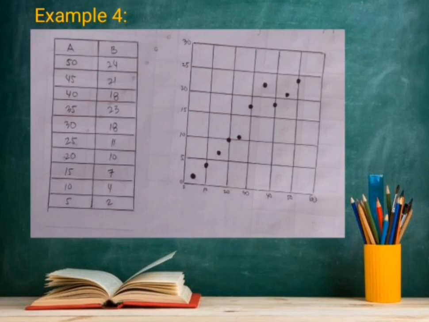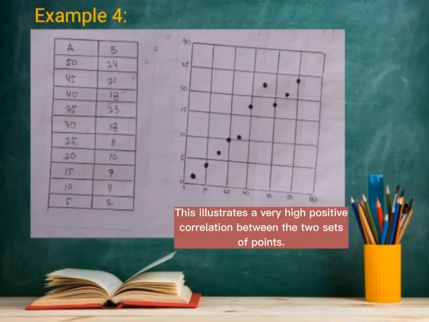Kapag ito naman ang makikita ninyo as the result after constructing the scatter plot, it means that it illustrates a very high positive correlation between the two sets of points. As you can see, hindi po siya straight line. Kumbaga, na-scatter na siya pagdating dito, pero ang movement ng ating line ay papuntang increasing, going to the right.